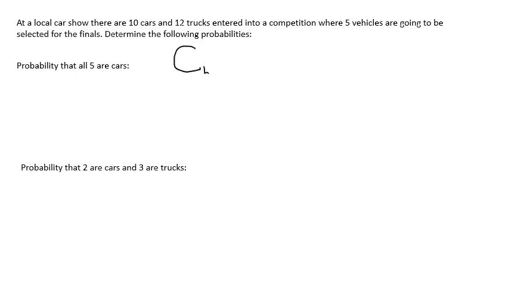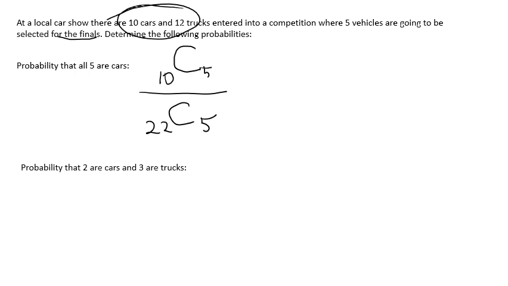Well, if we're going to pick 5 cars, they're coming from 10. We do not care about the order, right? They're all going to the finals. And the denominator is the number of ways we can pick 5 vehicles from the 22 vehicles, because again, that's what we're doing.